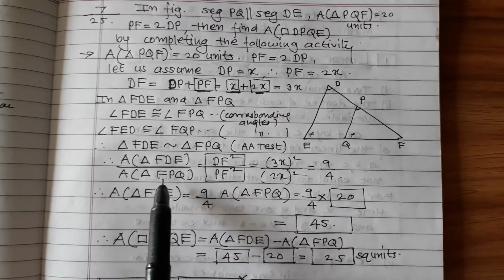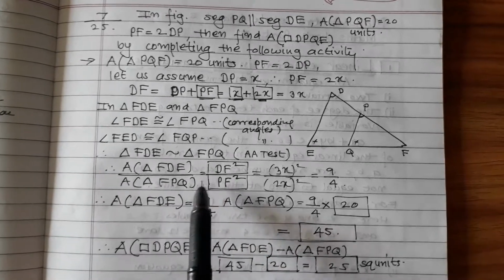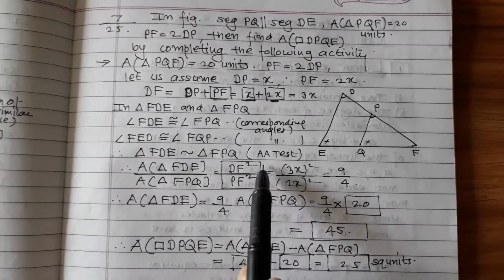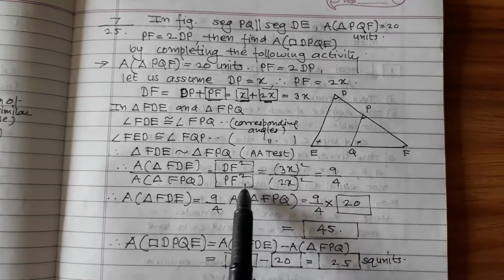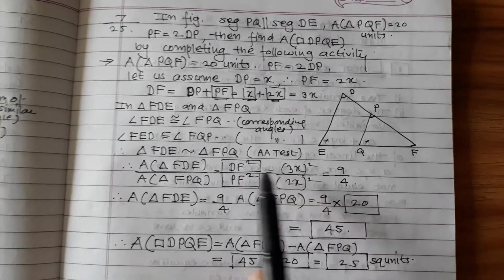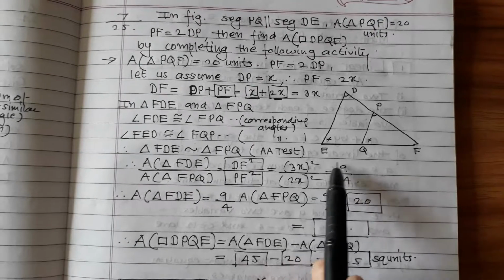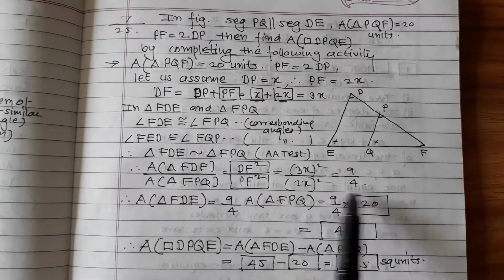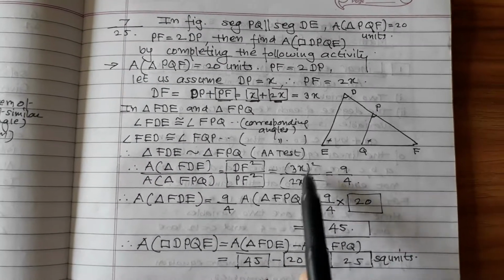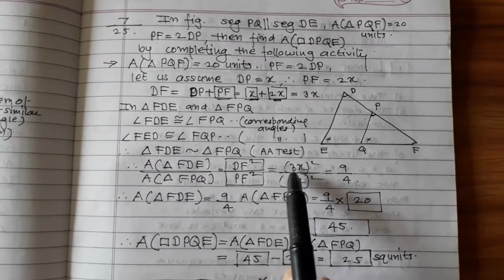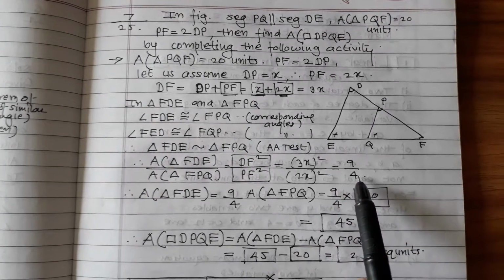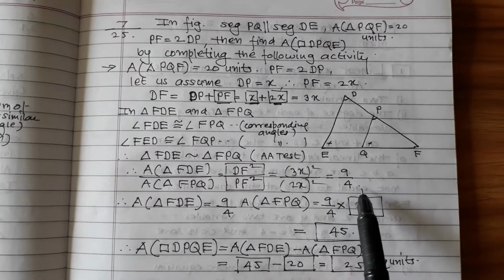area of triangle FPQ is equal to, here you have to fill DF square upon PF square. DF is equal to 3x squared, and PF is equal to 2x squared, x square gets cancelled, 3 square is 9, 2 square is 4. So this is 9 upon 4.